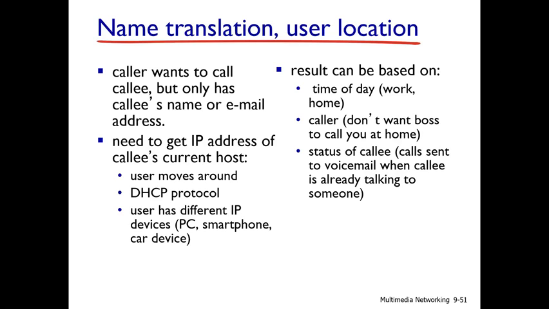What will be the result? The result can be based on your time of day. It can be your work or your home, anything. The caller doesn't care where you are, at home or office or anywhere, because the location doesn't matter, only the name matters. The status of the callee can be sent by voicemail, for example if you are already talking with someone or something like that.